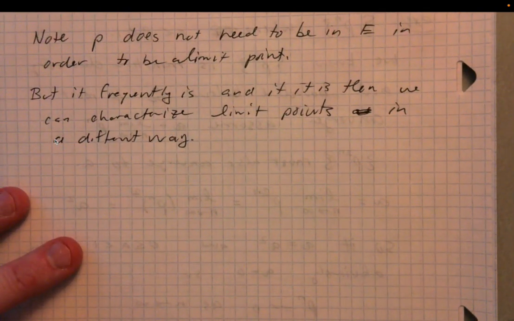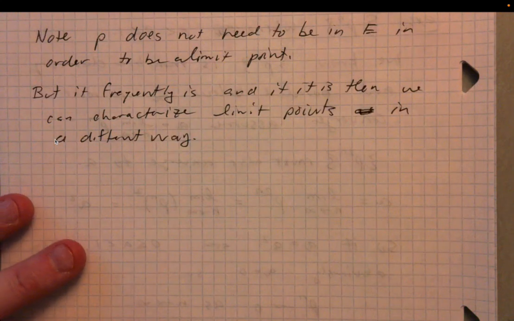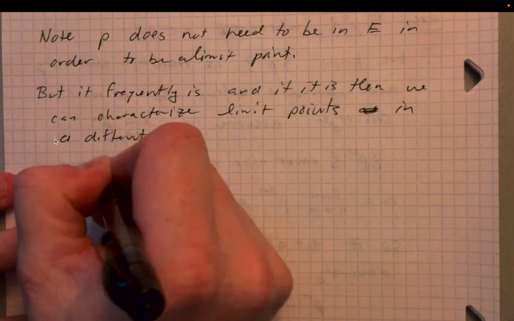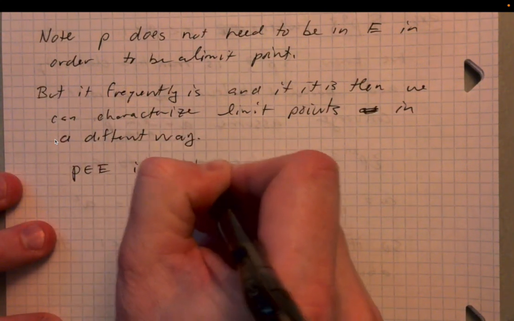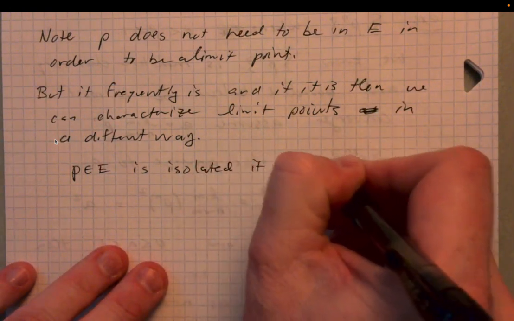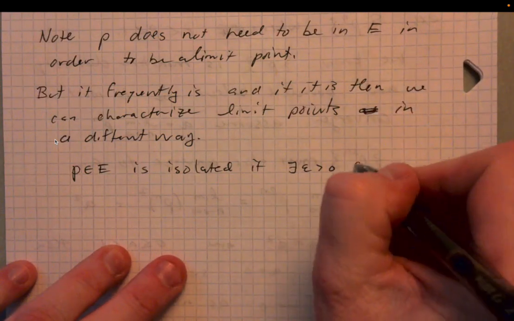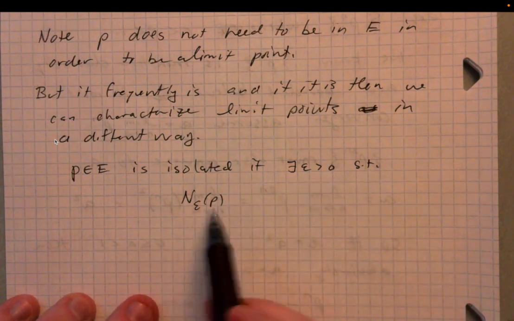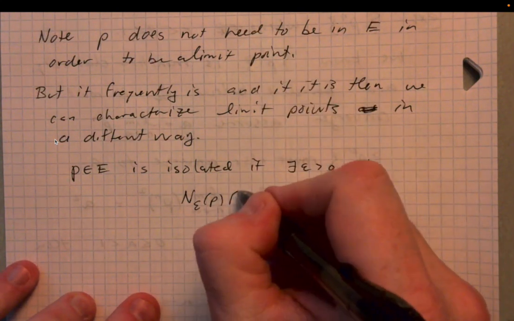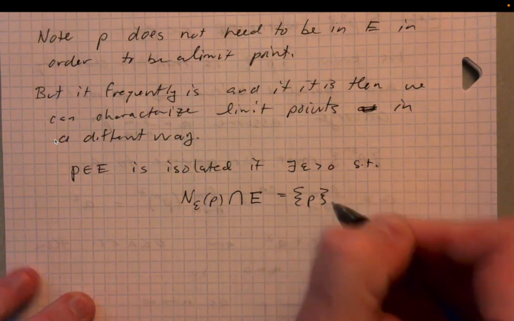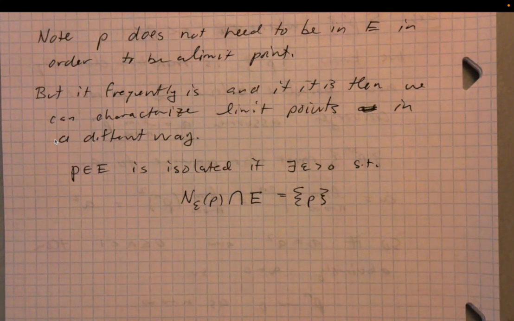So if your point of interest P is in E, then P is isolated if there exists an epsilon greater than 0 such that the epsilon neighborhood of your point of interest intersection with E is equal to just P. Okay, so that's another way to think about it.